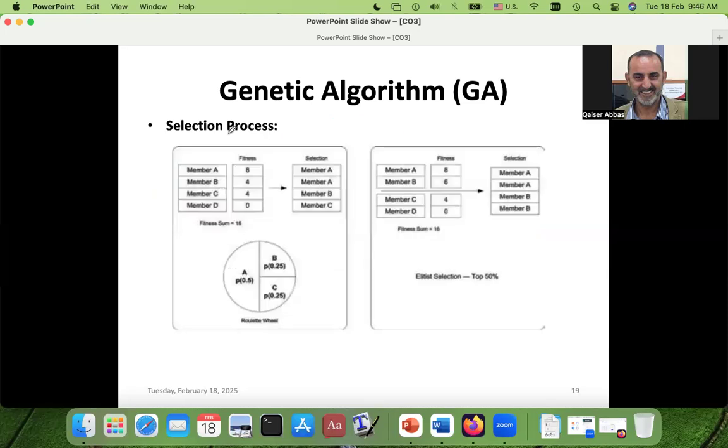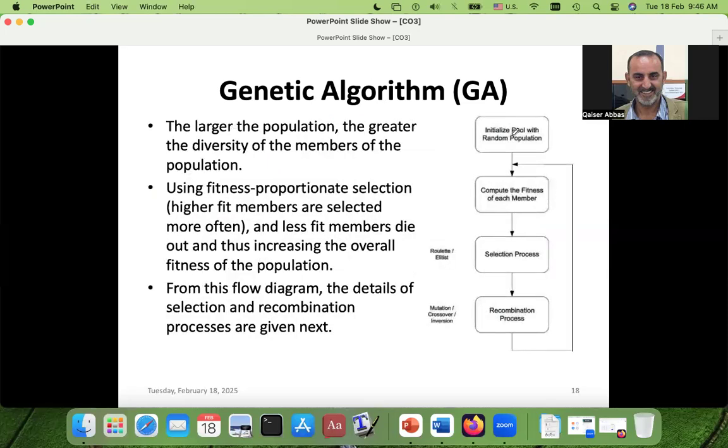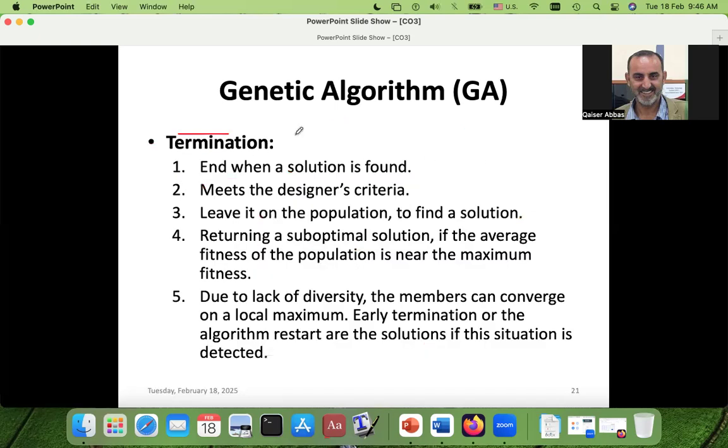We obtained some information about the algorithm, that it will have a population, then it will compute the fitness function, then it will select parents, and then it will perform the recombination process, and then the new children will also become part of the population, and in this way it will go on and on. But the question is when it will terminate. That is the question, and we will start from here. Okay, next.